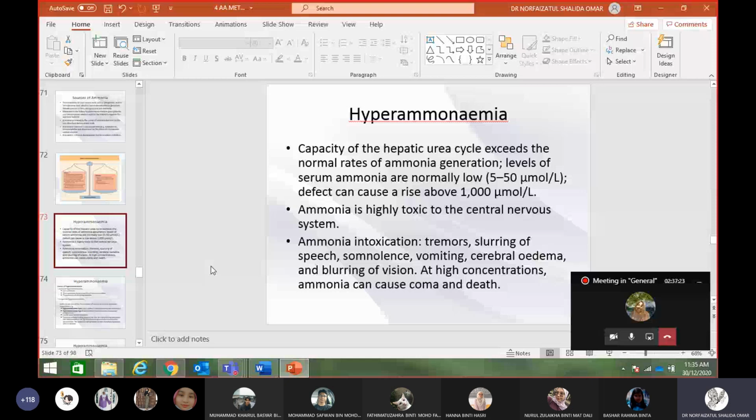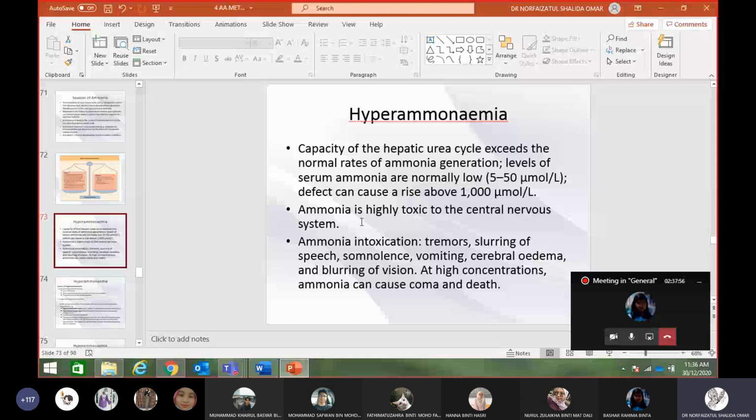Basically, the liver is the main organ where the urea cycle happens. So if there's a liver disease, the urea cycle cannot happen. Ammonia cannot be converted to urea to be excreted, so all this ammonia will spill into the blood vessels.